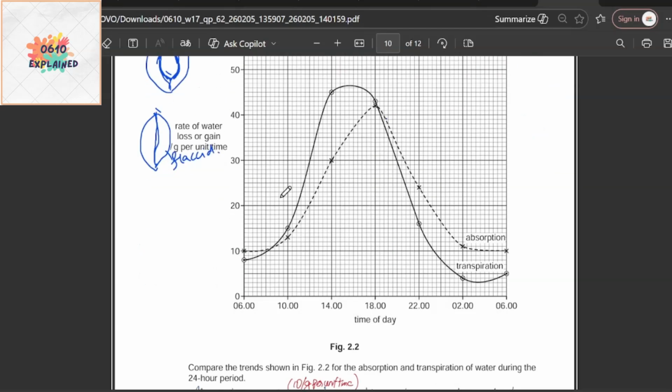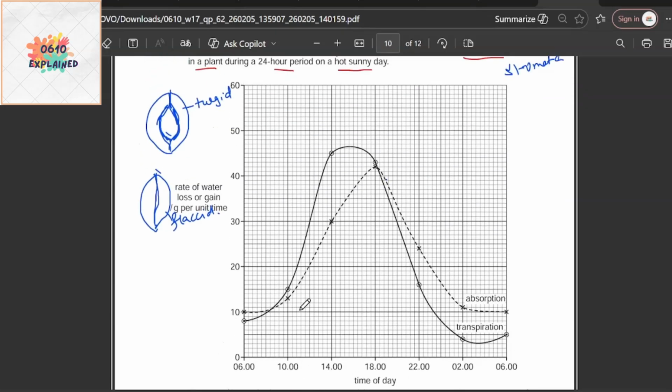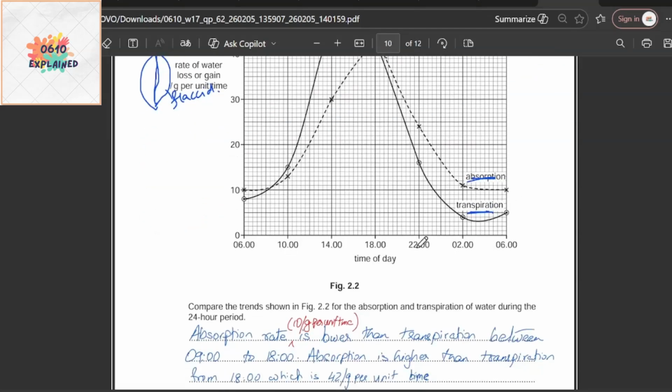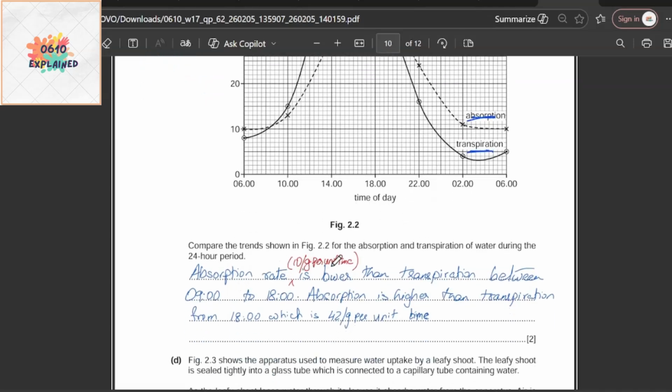Okay, so this is how we understand that the guard cells are responsible for the closing and opening of the stomata. Now the graph is showing the rate of absorption. So here they have shown you the dotted line as absorption and the other as transpiration. Okay, now compare the trends shown in figure 2.2 for the absorption and transpiration of water in a 24-hour period.